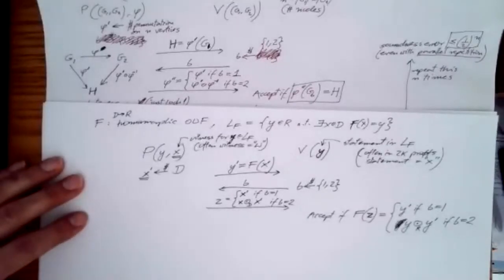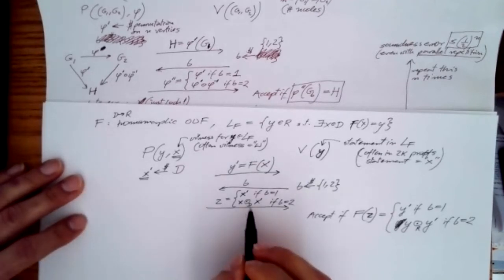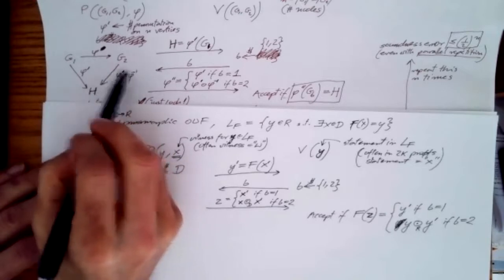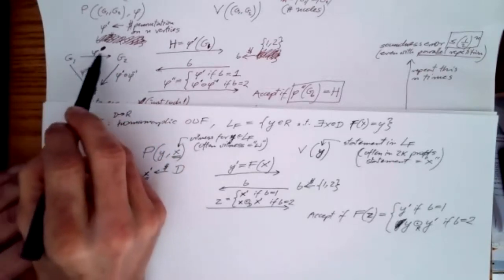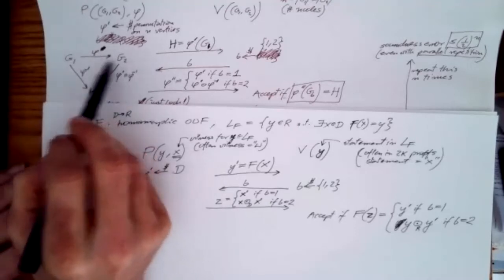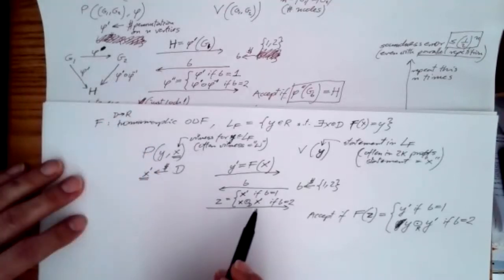Okay. So right here is the role of the composition of the two permutations in the graph isomorphism proof.